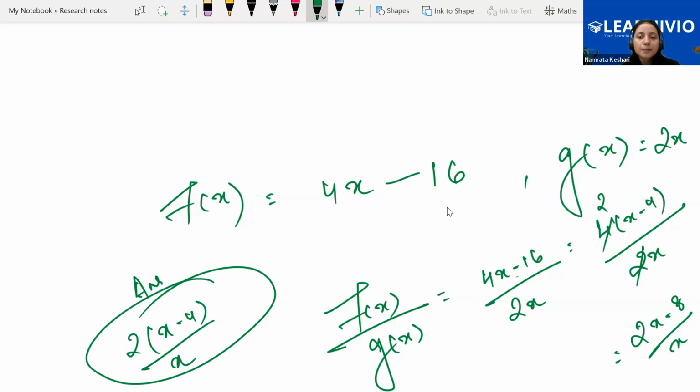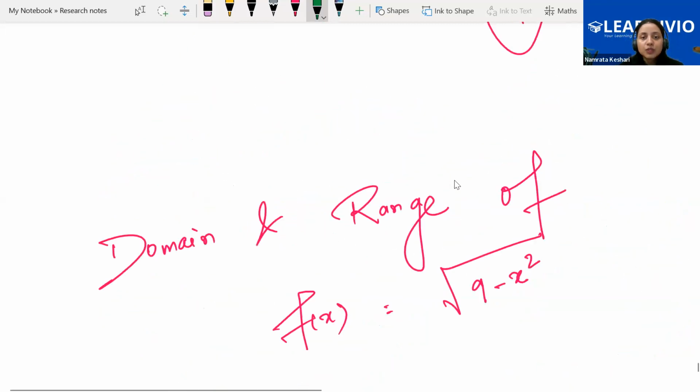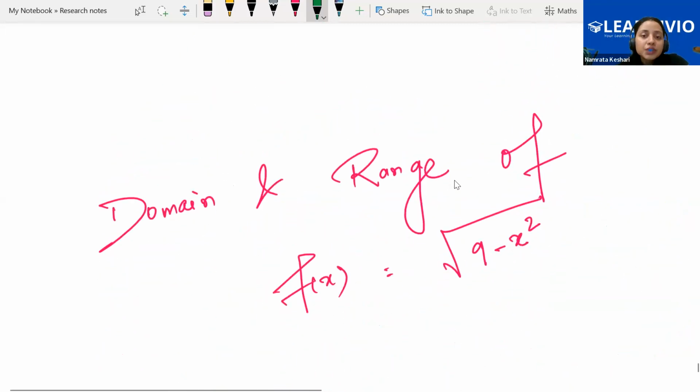Yes, ma'am. Now let's come to the domain and range. The previous day we were discussing how to find the domain and how to find the range. Domain, where all the first elements, that was called domain. Range, we understood, range is just the outputs. Codomain was just completely the second set.